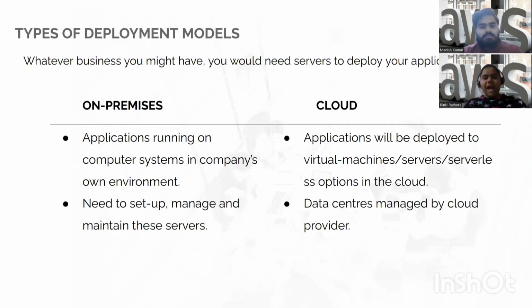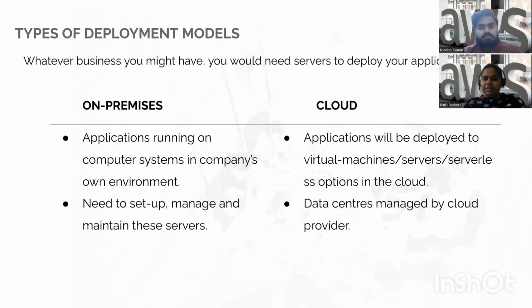So all that has been brought up and set up by the company itself, and they are maintaining it as well. Now whenever they develop any application, they would host that application on that data center. Let us call it an on-premise data center. So they have to themselves manage and maintain those servers, all the machines out there, the power supply, a dedicated team would be there, right? That is called on-premise.